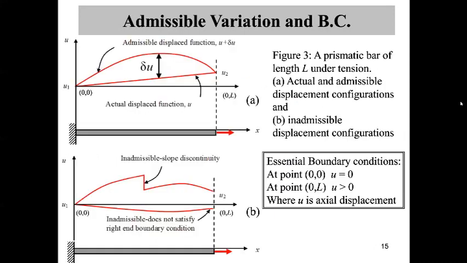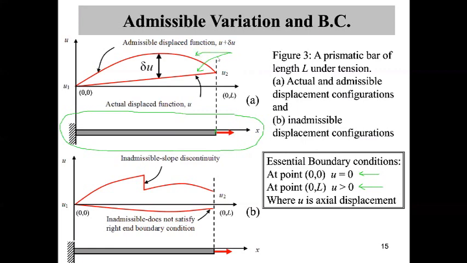In this example, we have a prismatic bar of length L under tension. The essential boundary conditions are: at point 0, the axial displacement u should be 0, and at point L, the axial displacement u should be greater than 0. Figure 3a shows the actual and admissible displacement configurations.